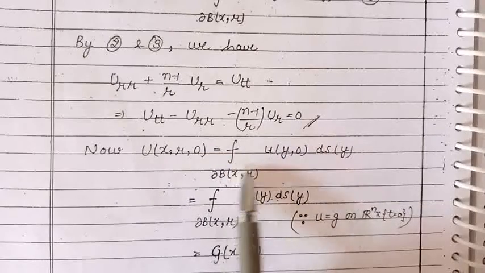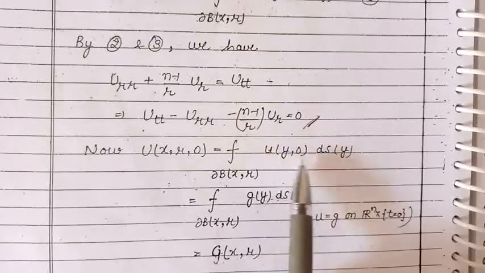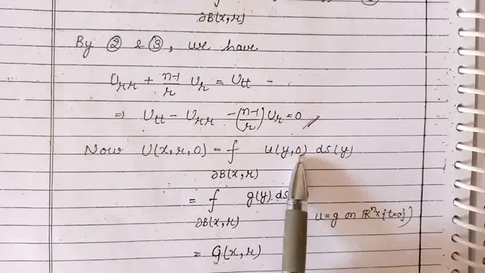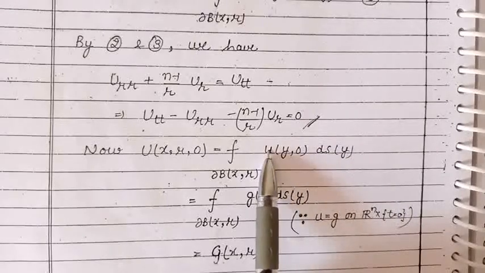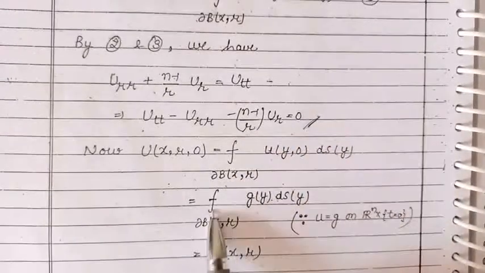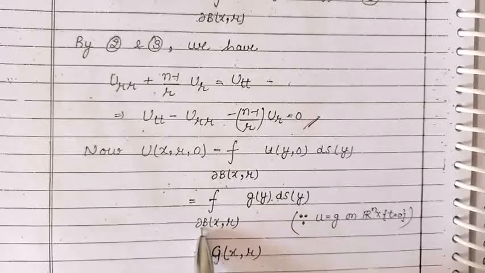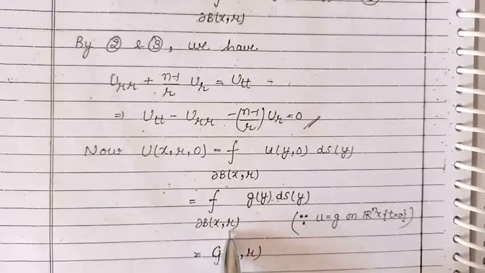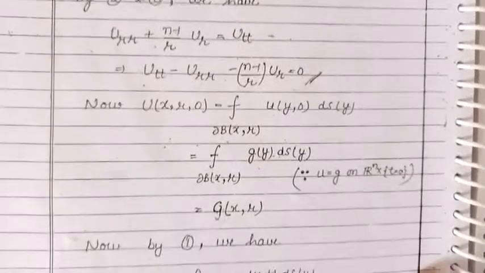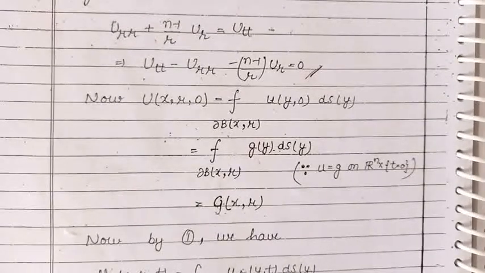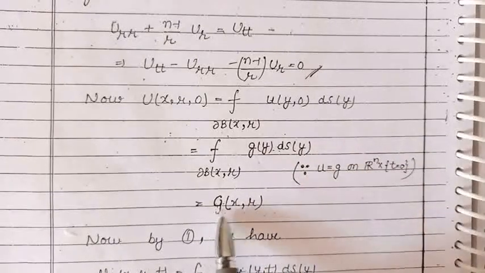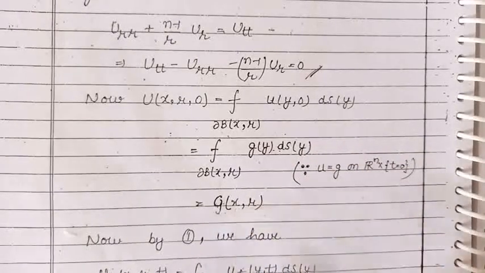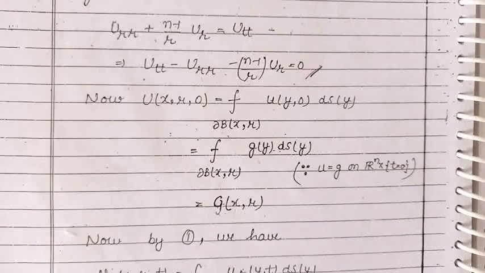This is average of the function u, small u, corresponding to t equal to 0. When t is 0, we are given that the value of function u is g. So this becomes average of the function g over the sphere with center x, radius r. And according to the notations which we defined in the starting, this is capital G at x, r. So we have proved one of the initial conditions.